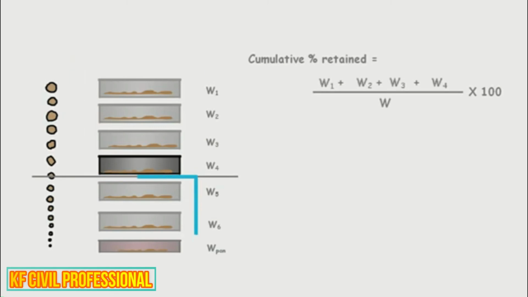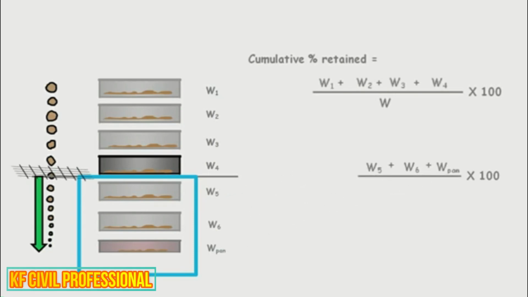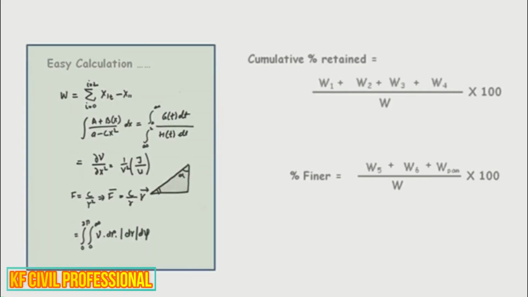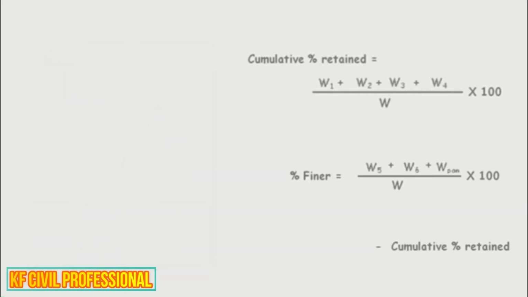And the amount of soil below this sieve is the finer portion of the sample, which has particle size smaller than the openings of the sieve. Total weight of this portion in percentage of total soil sample is percentage finer of this sieve. This can be easily calculated by simply subtracting cumulative percentage retained from the 100% of the soil sample. Now we can complete our table.